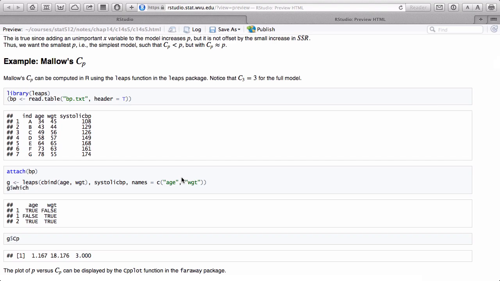You want to explain most of the variability. You don't want a lot of variables in there that explain very little variation. So we'd like a fairly parsimonious model. In other words, we want p, the number of terms in the model, to be reasonably small. But leaps and bounds will do every model.